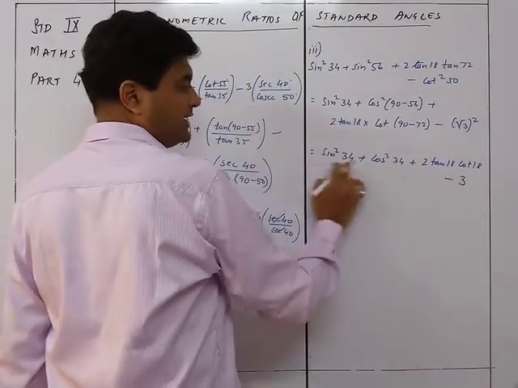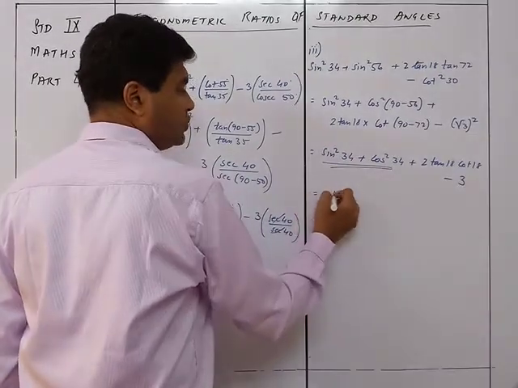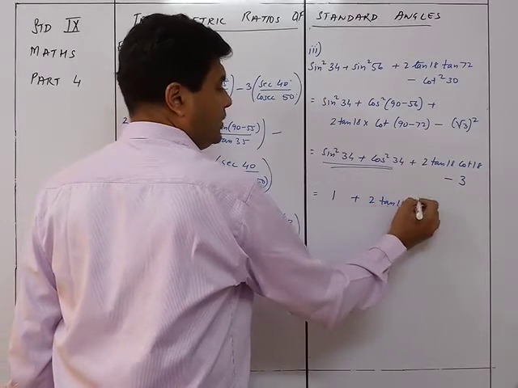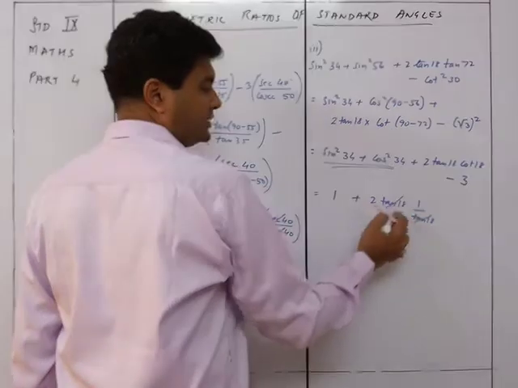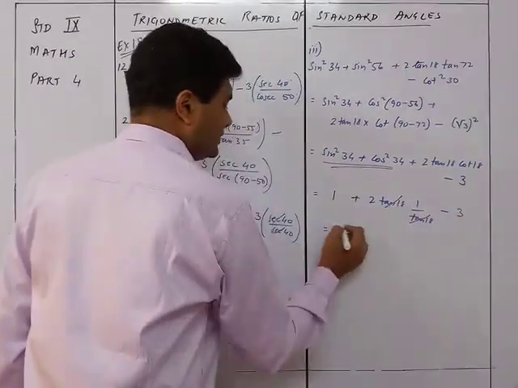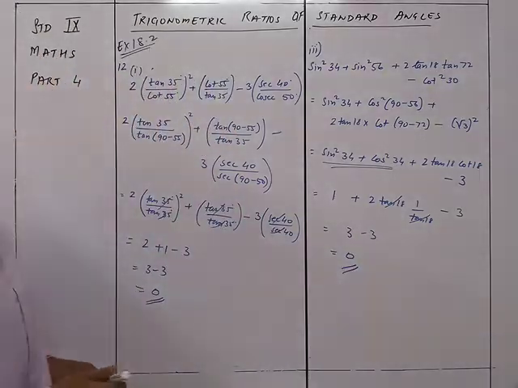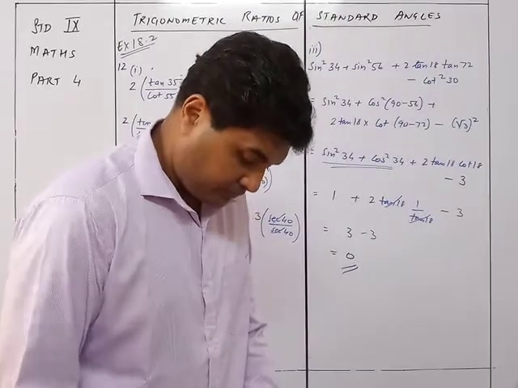Now sin square theta plus cos square theta is 1, so this part is nothing but 1. So that is 1 plus 2 into tan 18 into 1 upon tan 18, because cot is nothing but 1 upon tan, so this cancels, minus 3, so it is 3 minus 3 is equal to 0. So that's the answer for 18.2 12th sum.